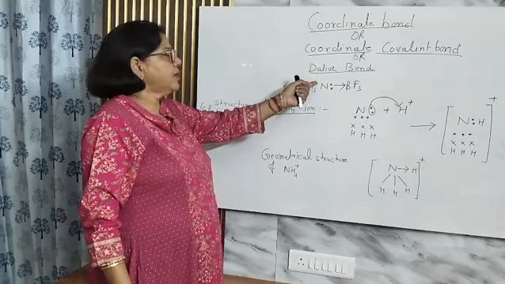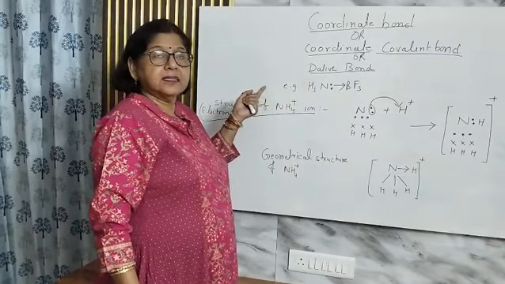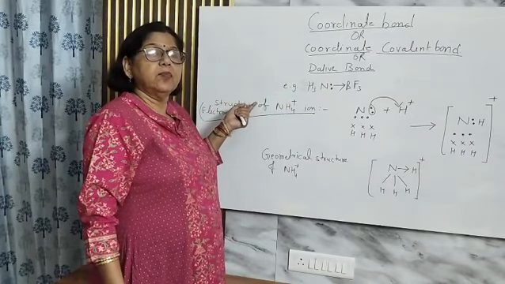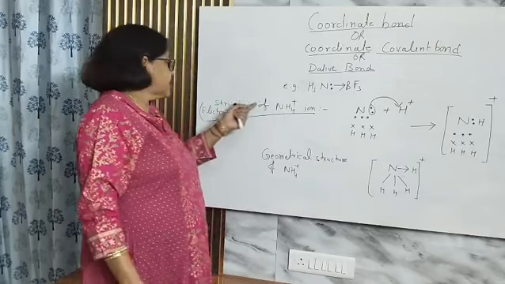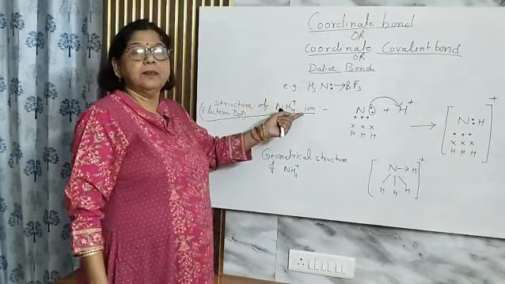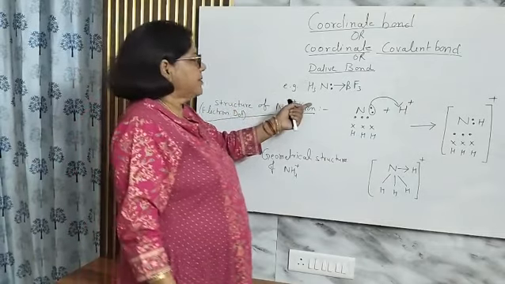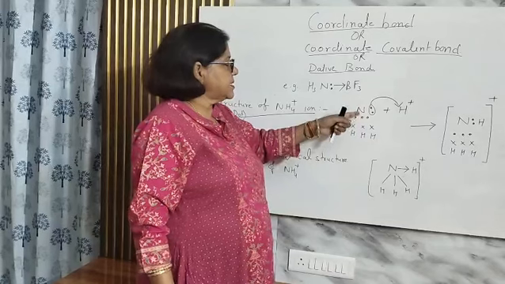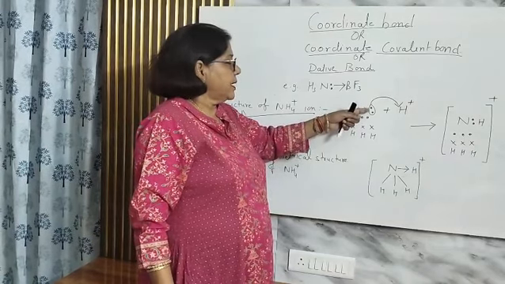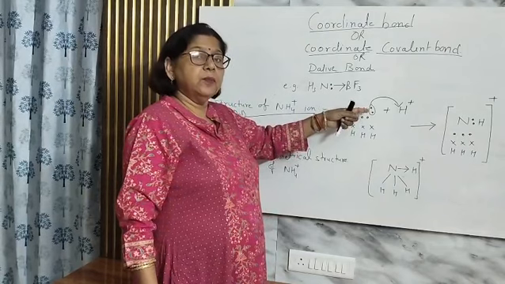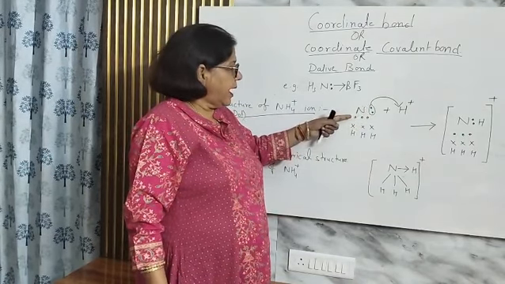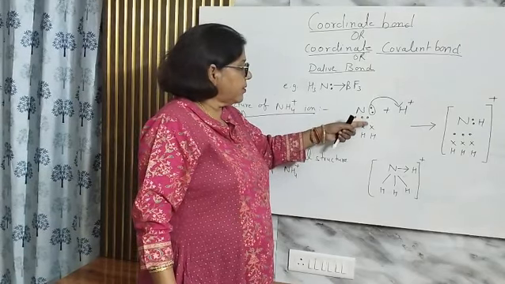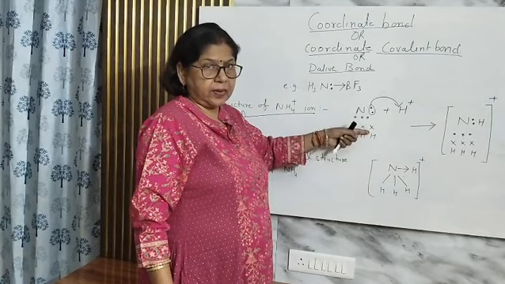Now let us discuss the structure of one of the ions where the coordinate bond is taking place. What is that? The structure of the ammonium ion, right? So how does it happen? See here, children, the molecule of ammonia is such that a lone pair of electrons is with nitrogen, and the one electron of nitrogen is sharing with one electron of hydrogen.